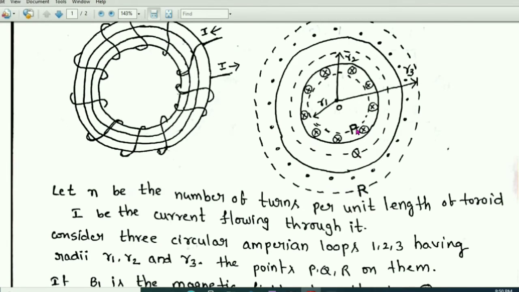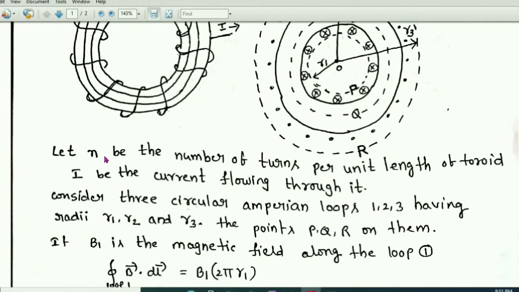Now, the point P is on the first Amperian loop, which is in the inner free space. The radius of the Amperian loop is R1, the inner Amperian loop, as shown in the figure.